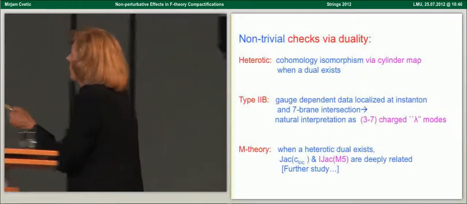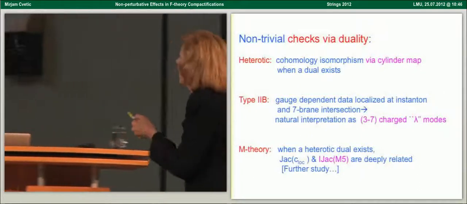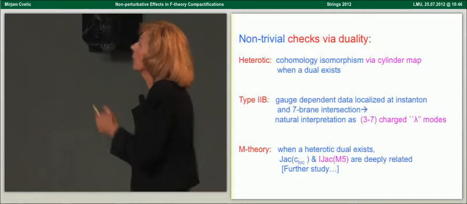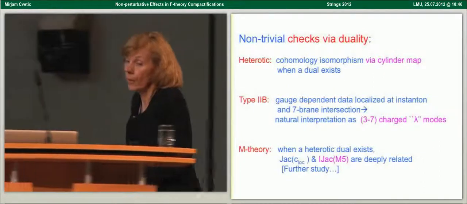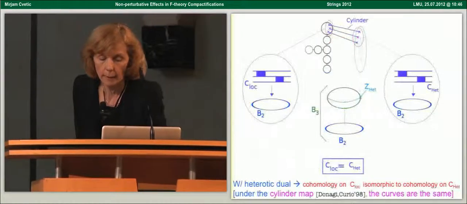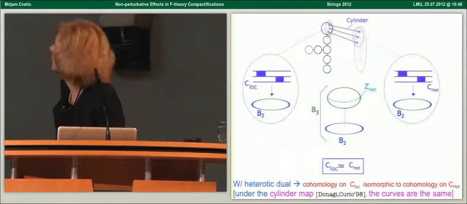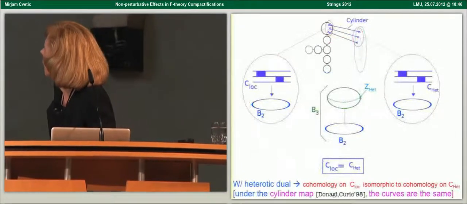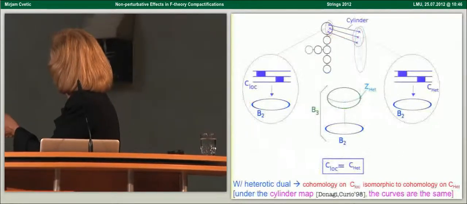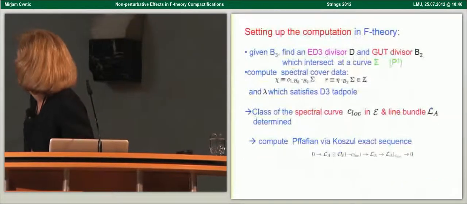When we have the type IIB limit, the interpretation of the cohomology I was referring to naturally has an interpretation in terms of charged modes, the so-called lambda modes. And the connection to M theory is still less well defined. This is more technical, showing that in the case when a heterotic dual exists via the cylinder map, both cohomology data on the spectral curve in F theory and the spectral curve in heterotic theory are isomorphic.